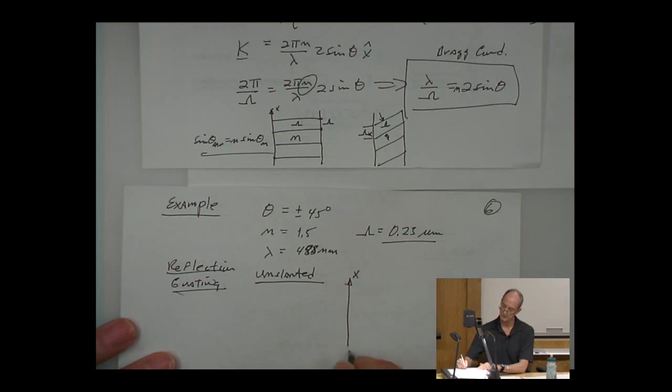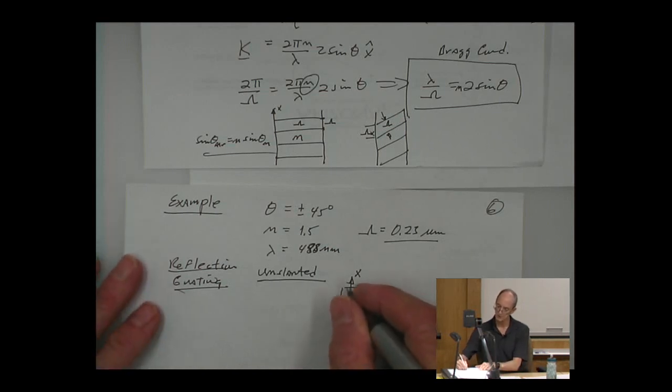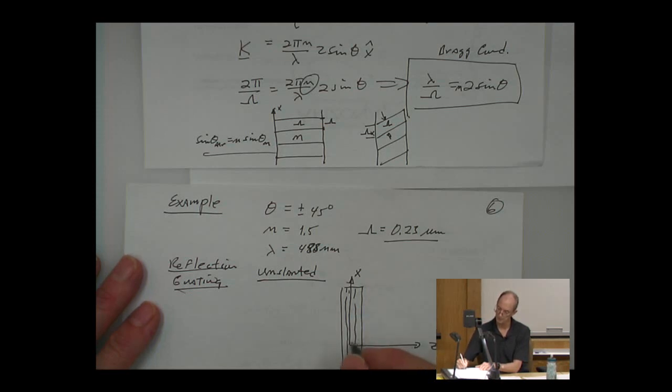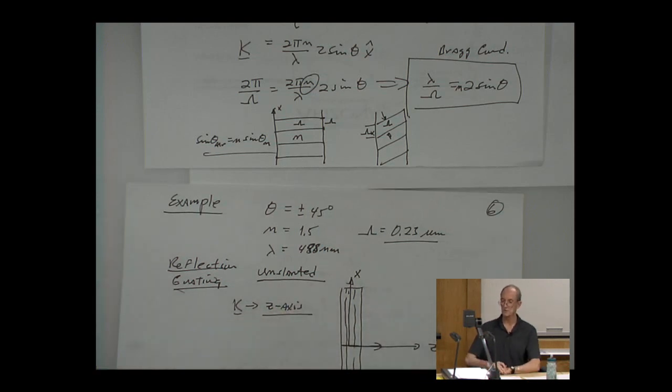Okay, so here's x and here's z. Here's our medium, right? So we have a reflection grating. So the fringes are going to be here, right? But the grating vector is perpendicular to those. So actually for a reflection grating, the unslanted, the k vector is along the z-axis. Transmission is along the x-axis, and unslanted reflection is along the z-axis.